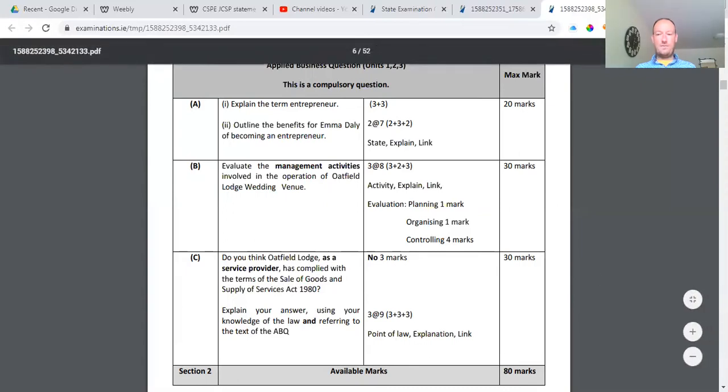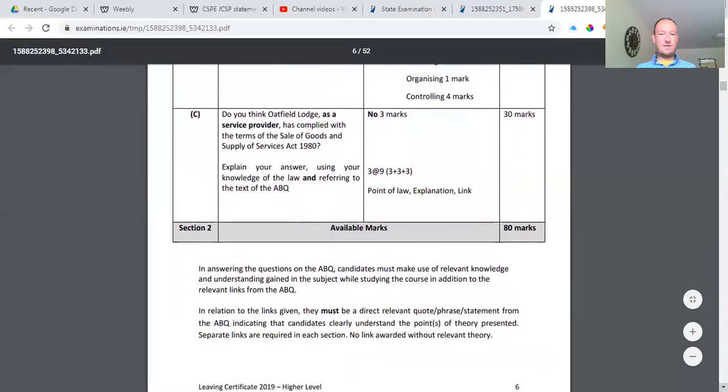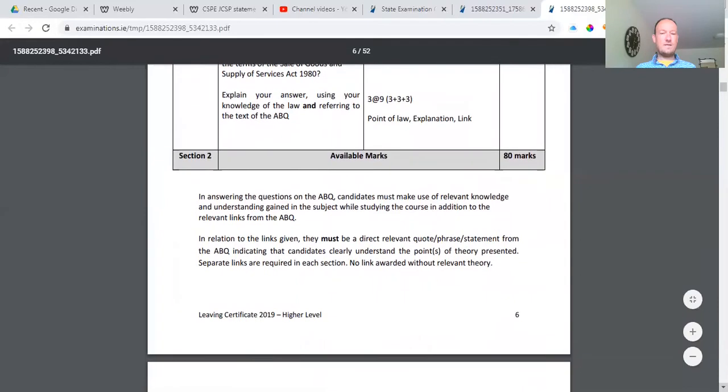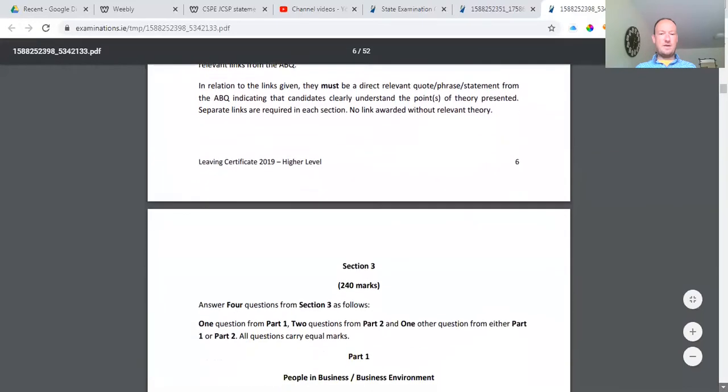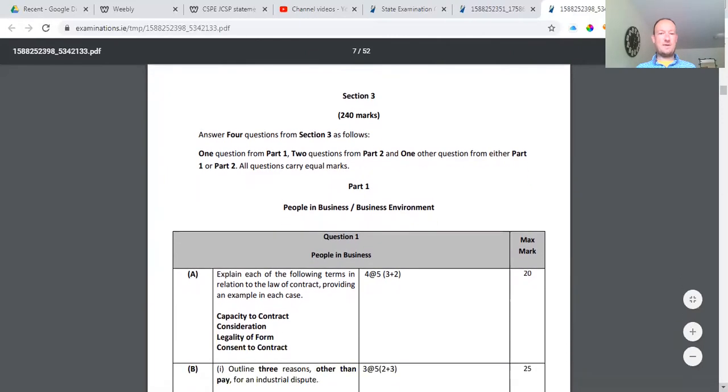So moving on. The next section then is going to be called section 3. And in section 3, very important to note is that you answer 4 of your best questions from section 3. Obviously, there's more than 4 there, you just pick the best 4.